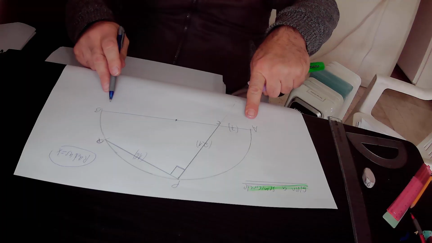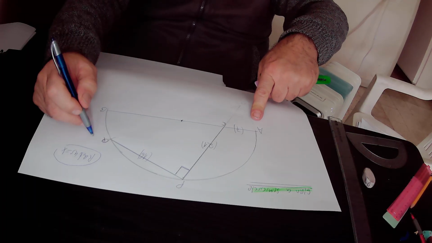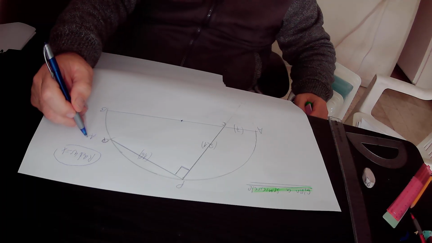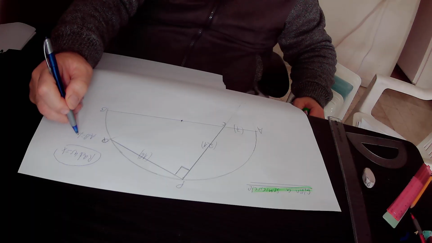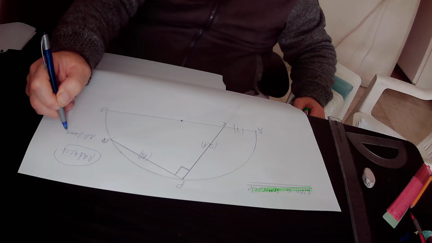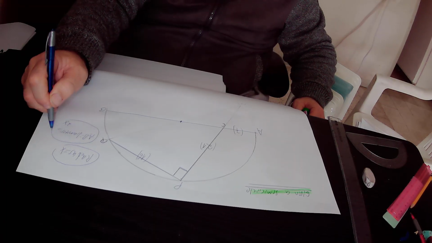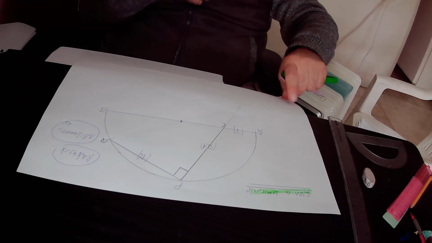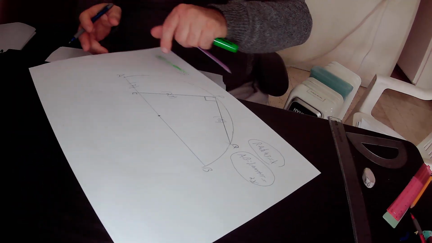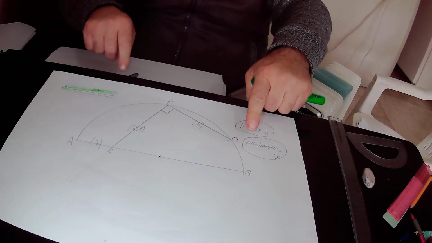AB is the diameter, so AB equals 2x. What is the length of this line segment CB?